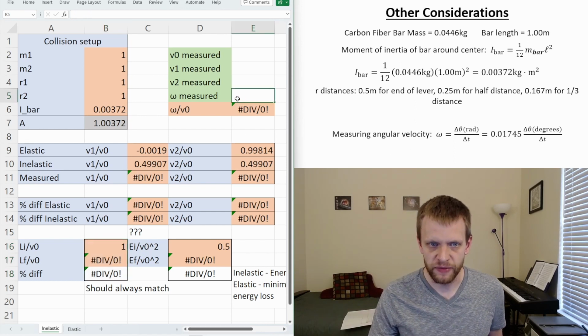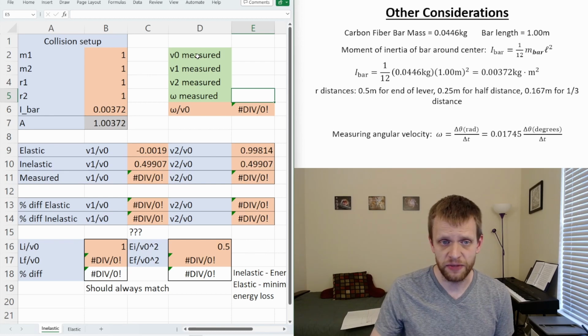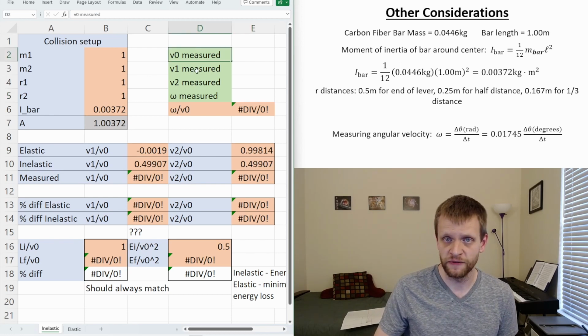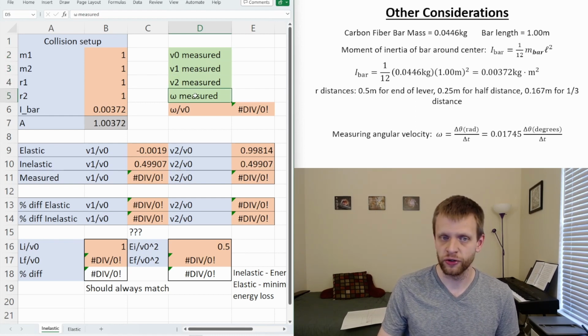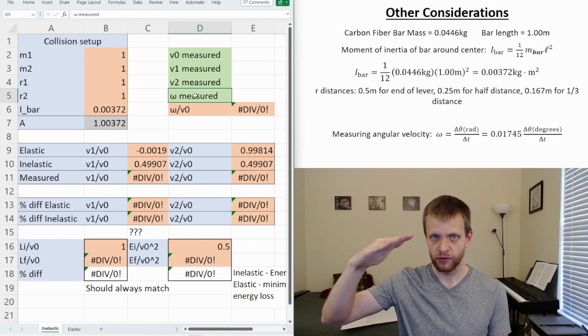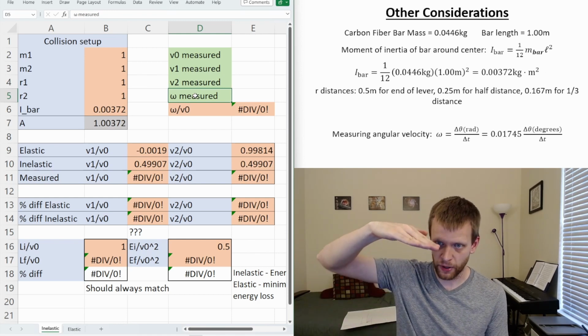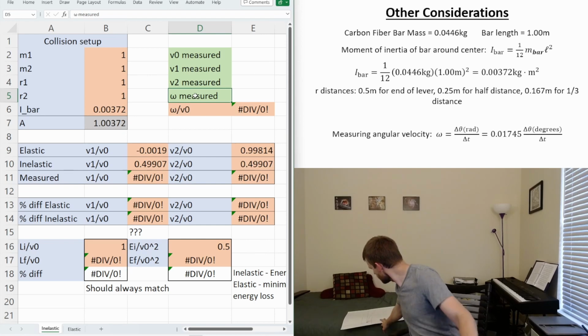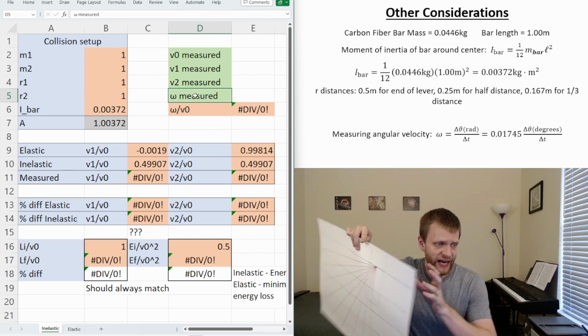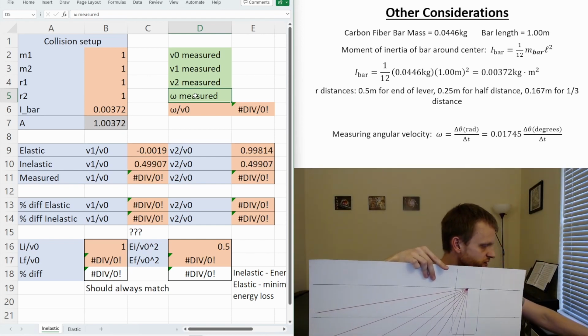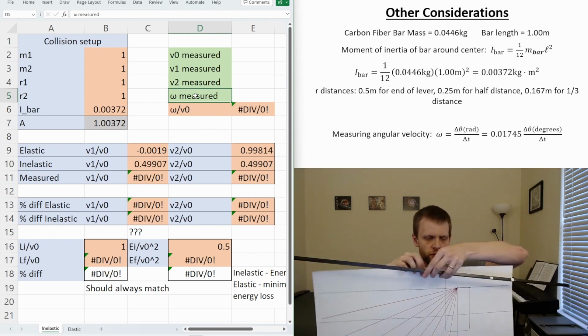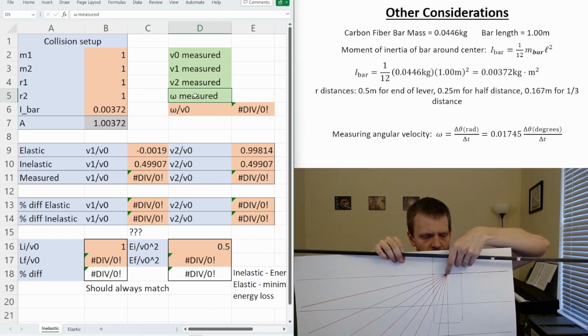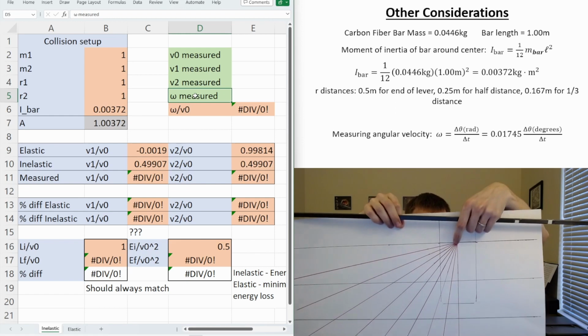When we're making these measurements, we not only need to measure the initial velocity of mass 1 and the velocity of mass 1 and 2 after the collision, we also need to measure the angular velocity of that bar as it rotates. The way we're going to do that is with this little table. When I set up the fulcrums, I'm going to set them up so that they're centered on this point right here.